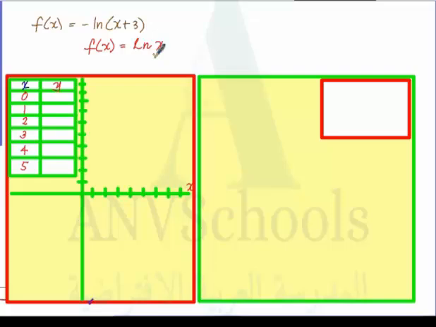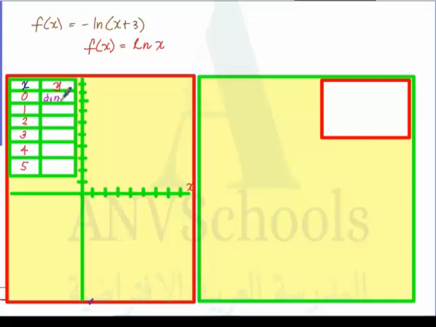Now let us investigate our ln of x. What is the behavior of our ln of x? And we have specific values of x and determining our f of x. So if our x is 0, that gives us ln of 0. And ln of 0 is the same as a while ago. It is also undefined. Okay, so it does not exist.